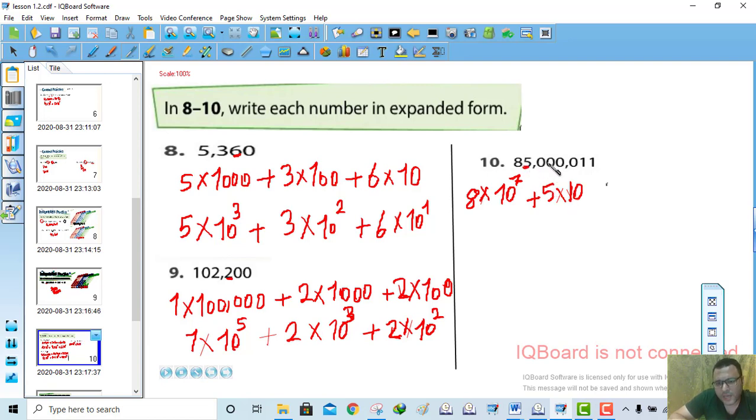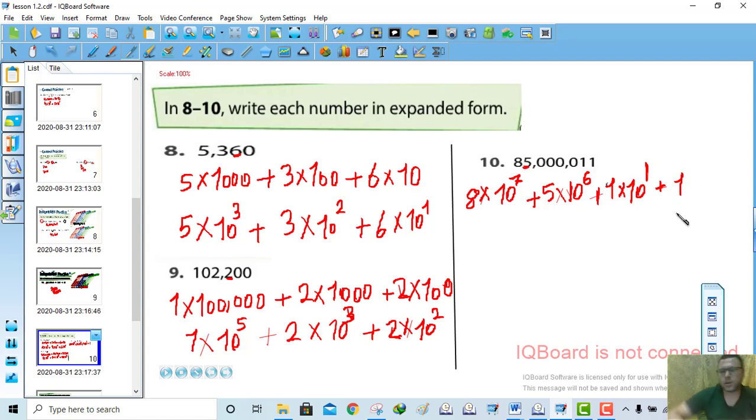If you count how many digits before the 5, 1 2 3 4 5 6, it's 10 to the power of 6, plus 11, here 1 in the tens, so multiplied by 10 to the power of 1, plus the last one is just 1.